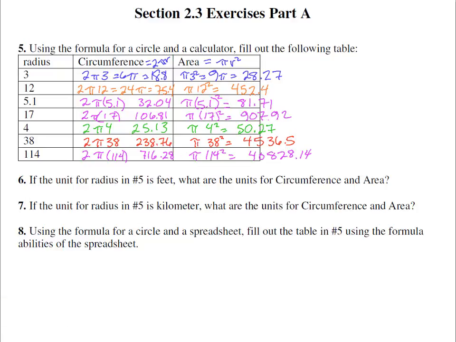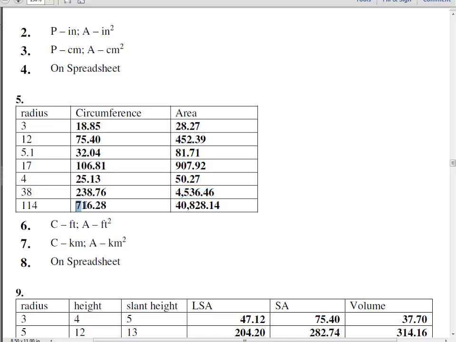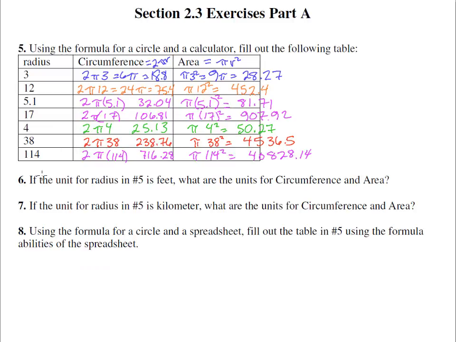Okay, let's check our answer. There we have 716.28 and 40,828.14. Good.